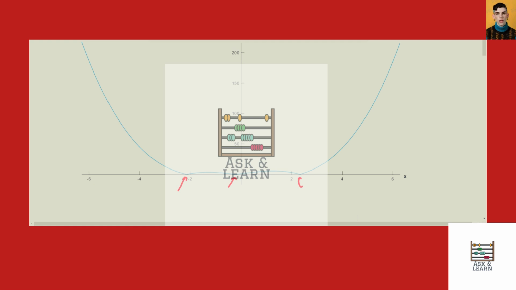So there are 3 points where there is an abrupt change in the slopes of the tangents, and therefore these 3 points I mark here are points where the function is not differentiable. That is, where the derivative does not exist, and because they are in the domain of the function, they are critical points or critical numbers.